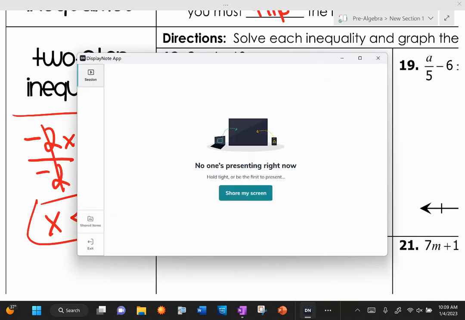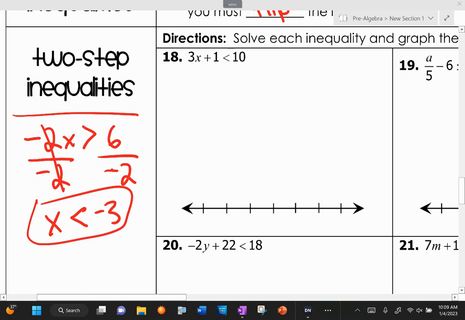If you look at number 18, you got 3x plus 1 is less than 10. Again, we're going to solve this with the same steps that we used to solve our equations. I'm going to locate my variable. It's on which side? The left side. What's being done to the variable?